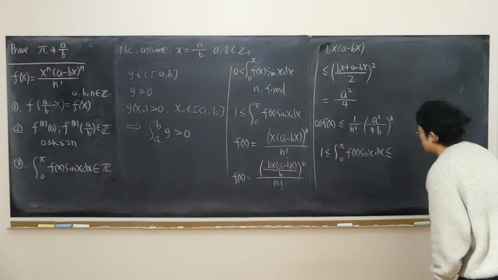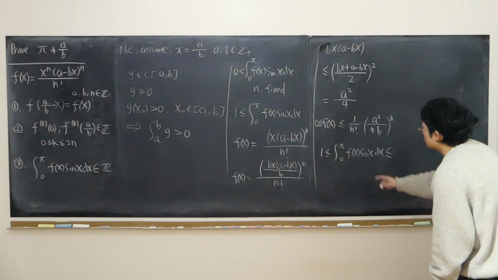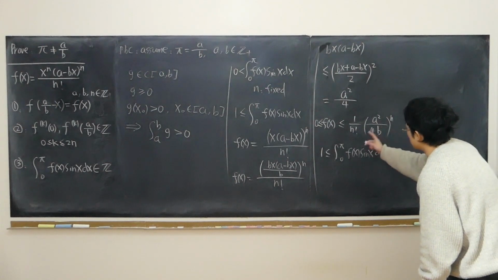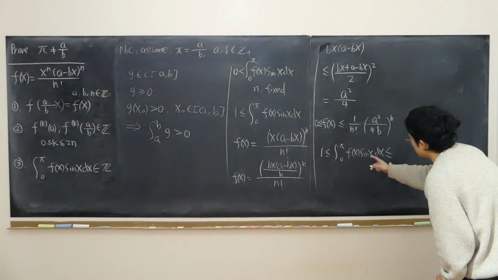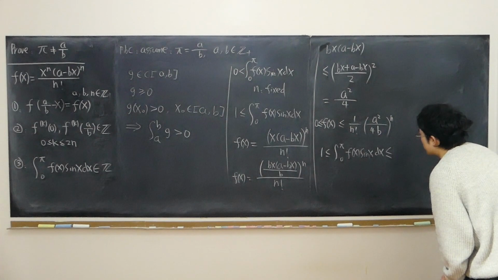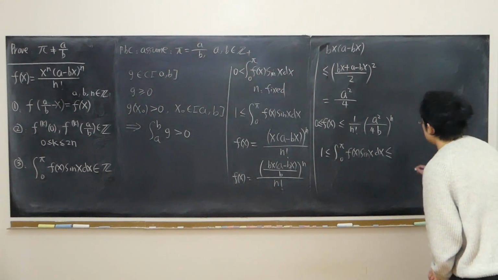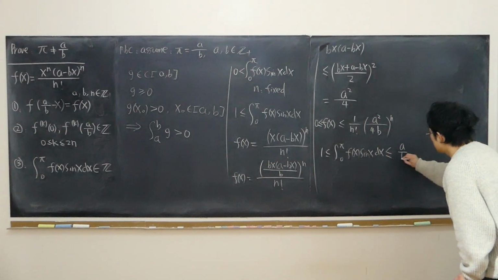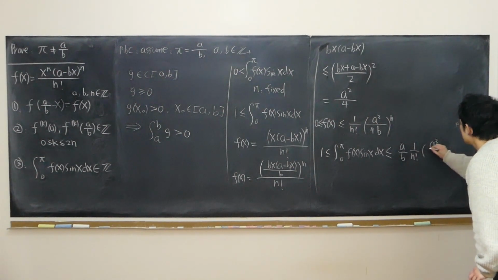Therefore, it's less than or equal to, taking out the constant and replacing sine x with 1, the integral from 0 to pi of 1 dx. That's just pi, right? Pi times this constant. That is just a over b times this constant, a squared over 4b to the power n.